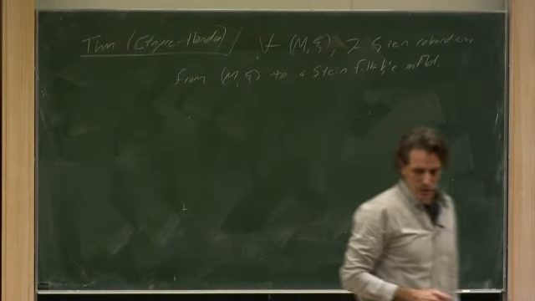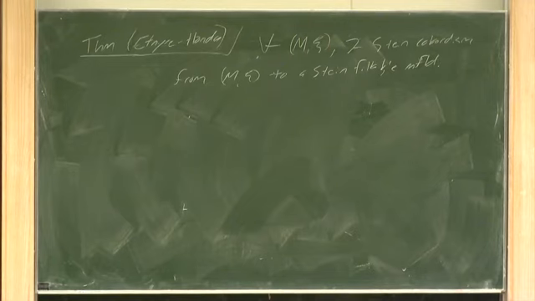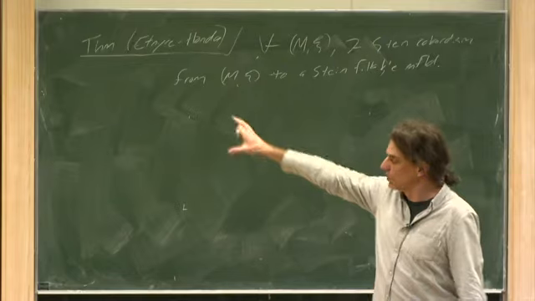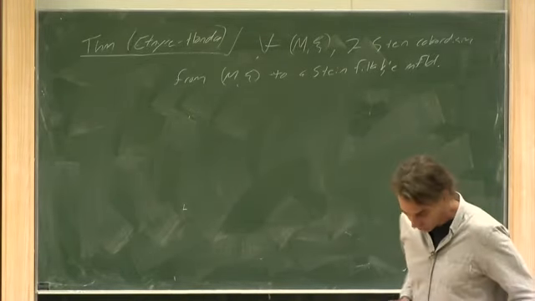Okay. So for overtwisted, tight, whatever, it doesn't matter. You can find a Stein cobordism to a Stein fillable manifold. And again, that's a reasonably easy exercise from what I've written up there. Okay, good. So that's rigidity.